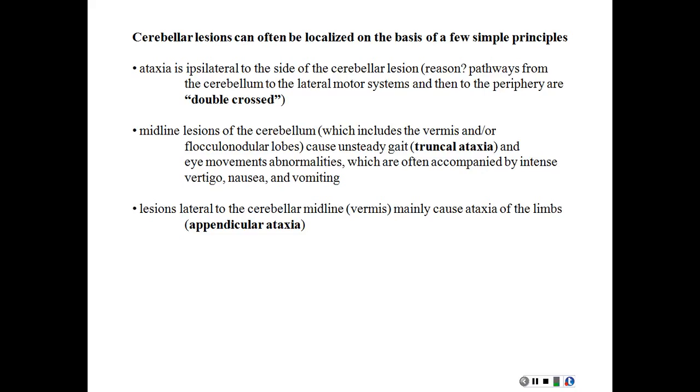And the more lateral aspect of the cerebellum is again about your extremities, and the more medial aspect of the cerebellum is about the more medial aspect of you. So it's a really cool thing. Lesions in the middle of the cerebellum give rise to that truncal ataxia, unsteadiness of walking, and more lateral lesions of the cerebellum give rise to the appendicular ataxia. So we're going to see that now in just a moment.